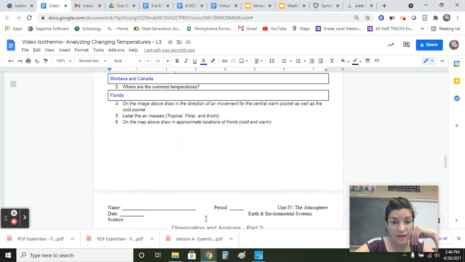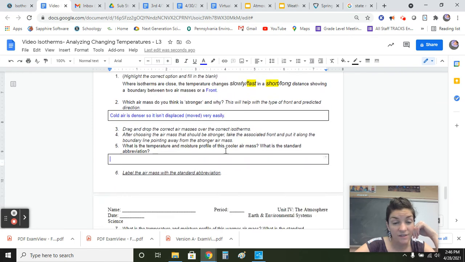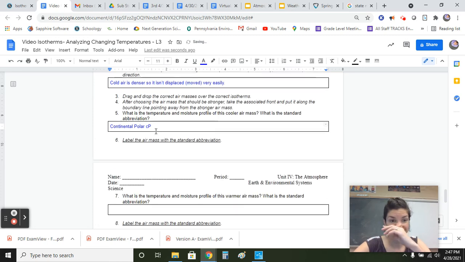Here's the tropical air mass. Well, if this air is coming down and pushing into this warm air mass, it's obviously going to be cold. So it would be a polar, right? I think it's coming from the land. I think it's coming from Antarctica. So I'm going to say continental polar, or as we call it, CP.